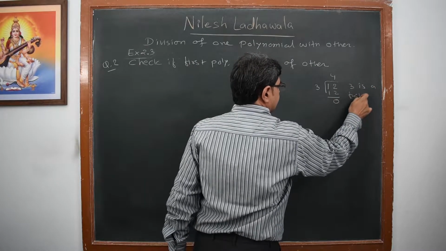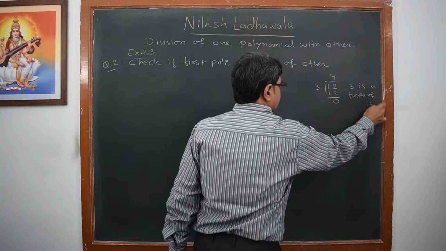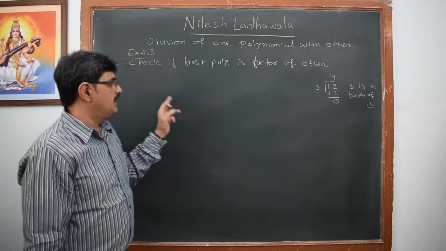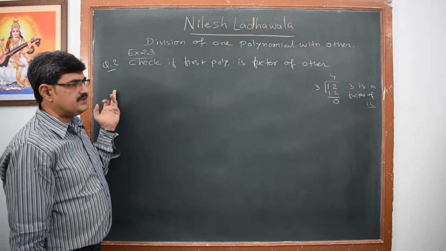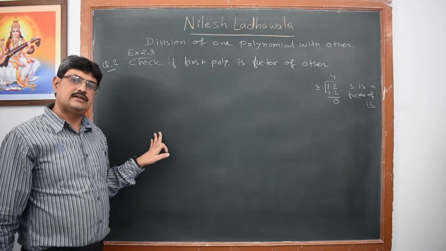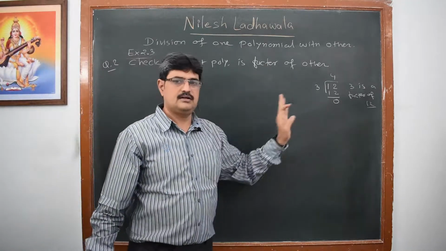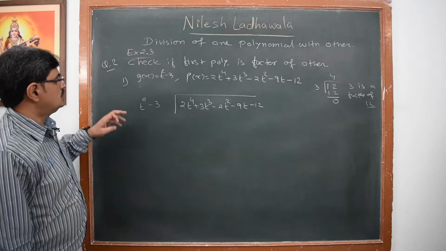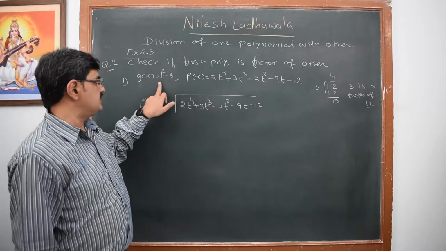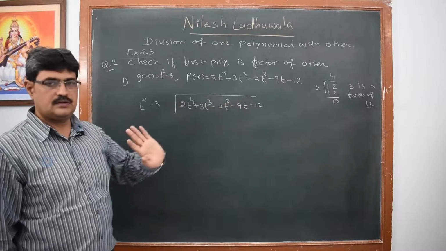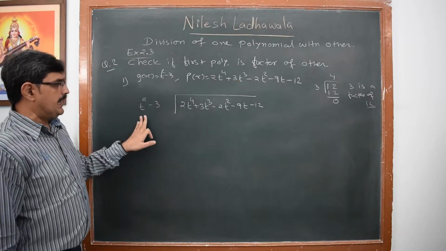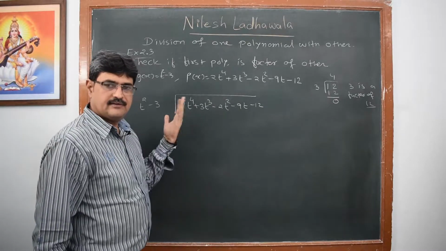Now we will apply the same rule here. I will divide the first polynomial by the other and find the remainder. If the remainder is 0, we can say that it is a factor. So to check whether the first polynomial is a factor of the other, I will divide p of x with g of x and find the remainder as we have done earlier.